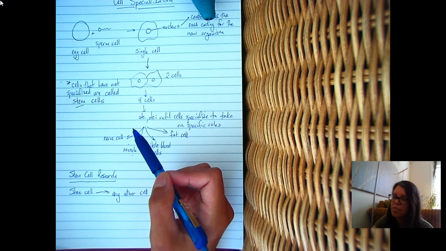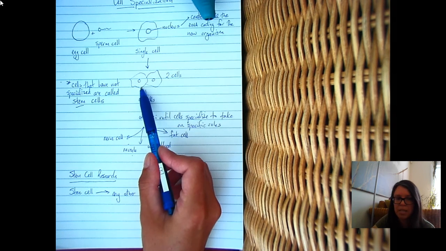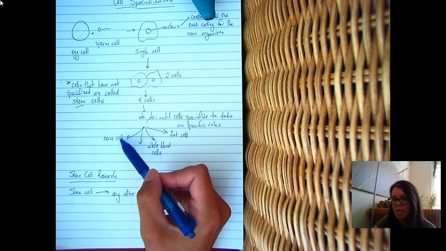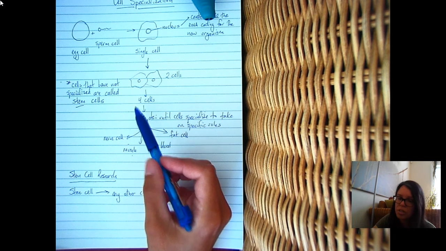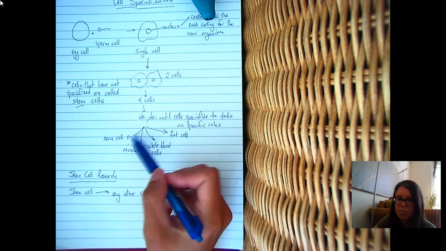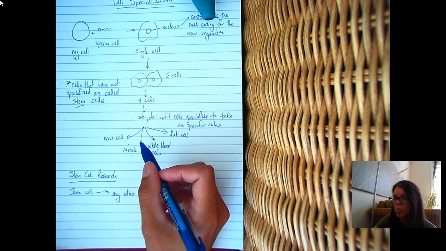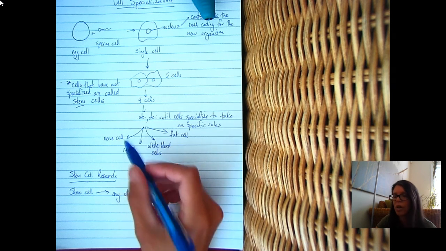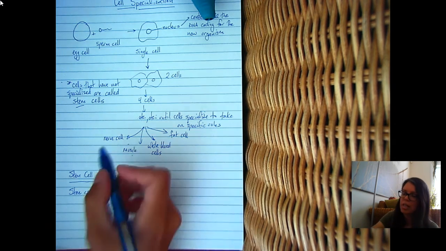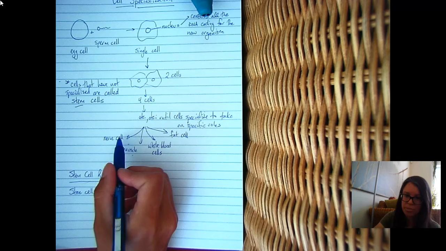So if I can figure out, if I have access to some of these, how to turn them into these, then I can do things like repair a spinal cord injury, for example. So there would be a lot of research related to figuring out how to take these and turn them into these to potentially treat or cure a whole bunch of disorders or injuries related to this kind of damage.